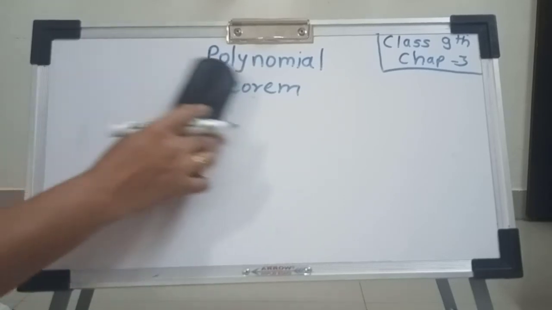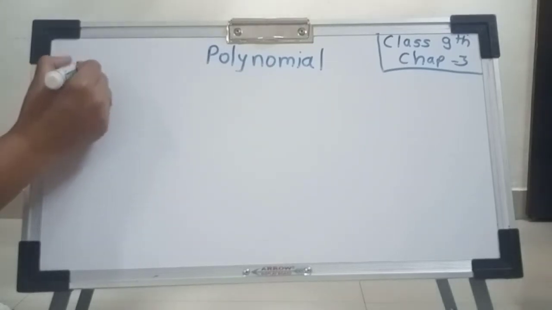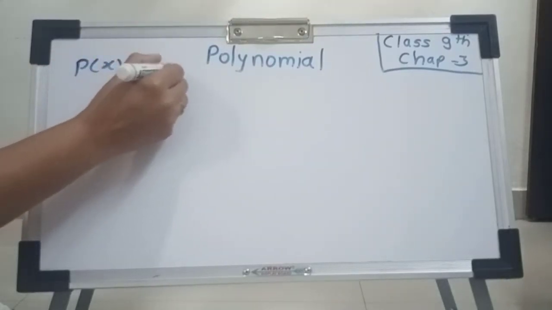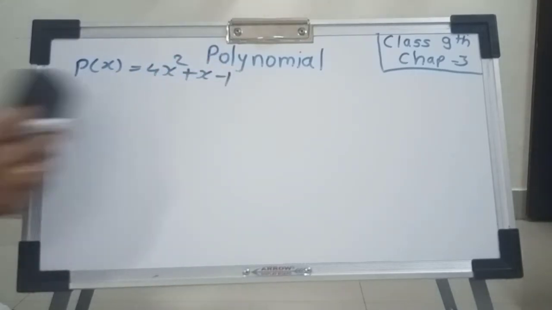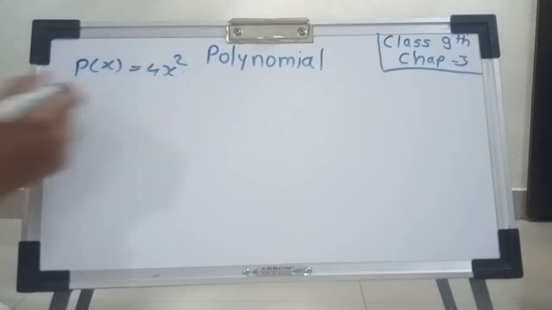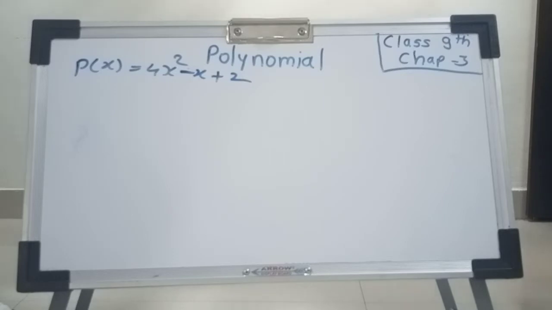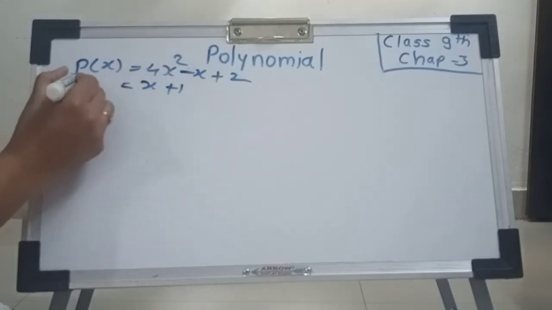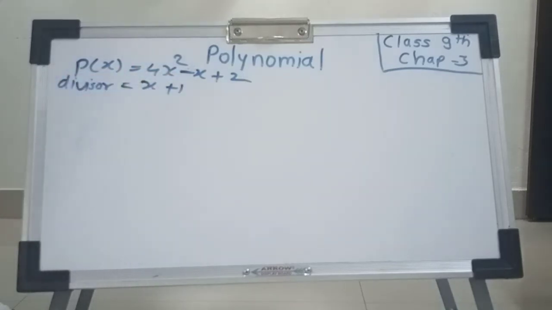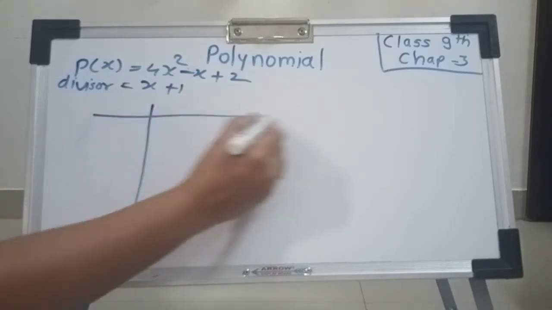We explain this by taking an example. Suppose our polynomial P(x) is 4x square minus x plus 2, and we divide this polynomial by the divisor x plus 1 using synthetic division.